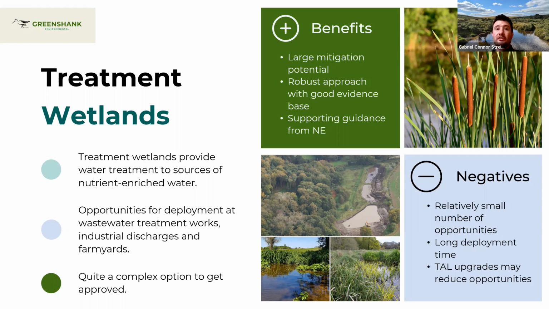The other thing worth considering with these is the TAL upgrade. Those of you familiar with the Levelling Up Bill may have asked about that. The Levelling Up Bill has an amendment or amendments in it that, if the bill passes as is, will require water companies to upgrade wastewater treatment works in areas affected by nutrient neutrality to what is referred to as technically achievable limits.